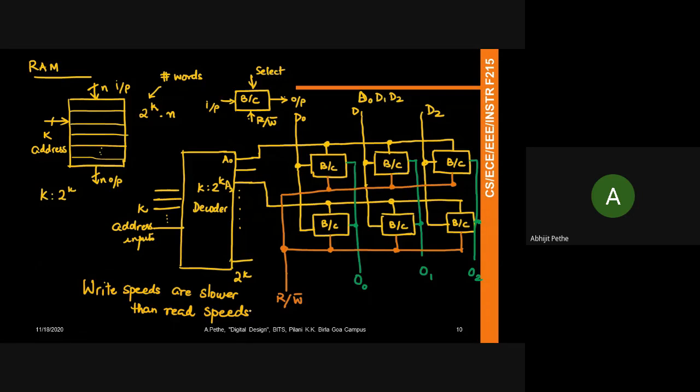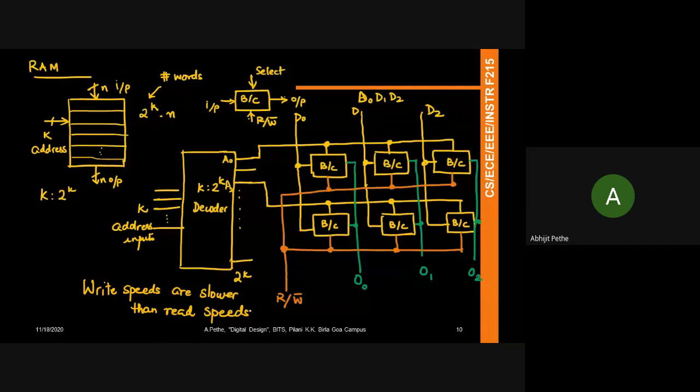Ideally we'd like to read as much as possible from the memory, but not really write anything into it. And if we want to write something into it, we make sure that the write is not part of the critical path. When we talk about digital design, we talk about a critical path, which is the limiting path of a circuit, limiting path for speed, for example. So we don't want to keep a write operation in the limiting path if we can help it, because that will unnecessarily slow down your circuit, right?